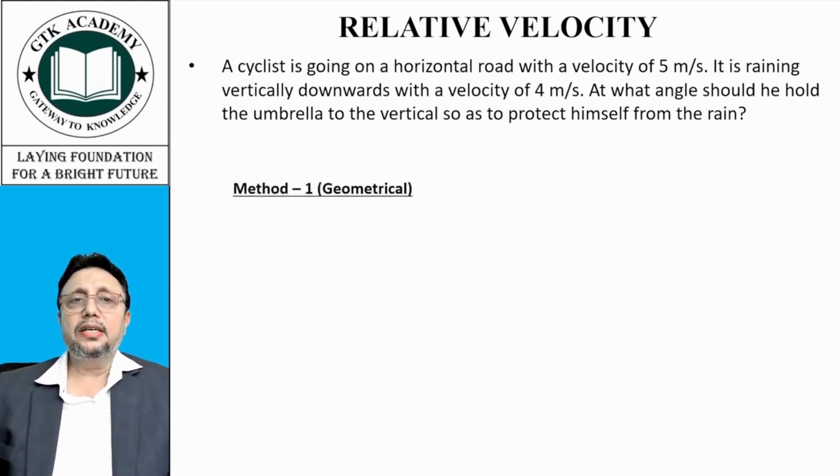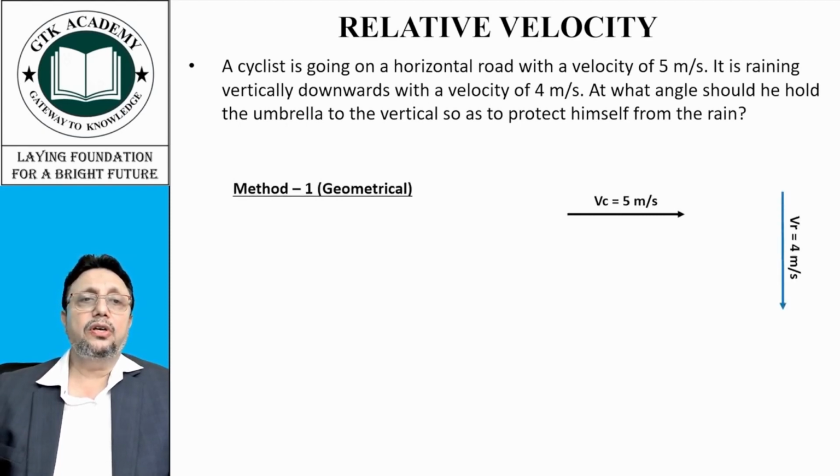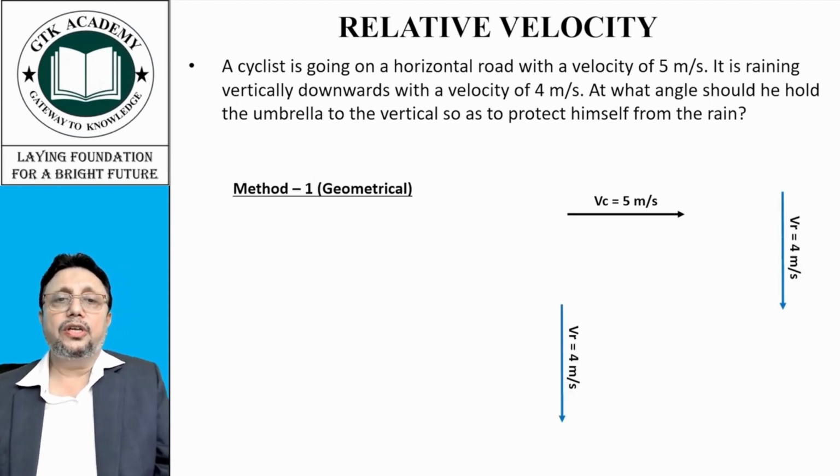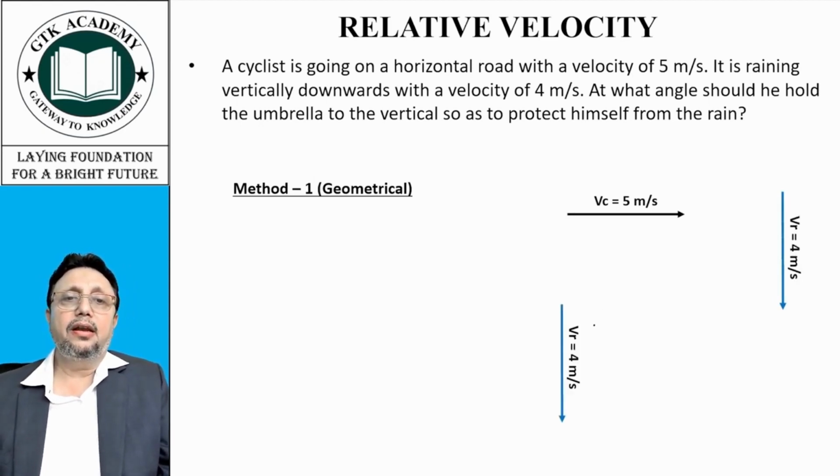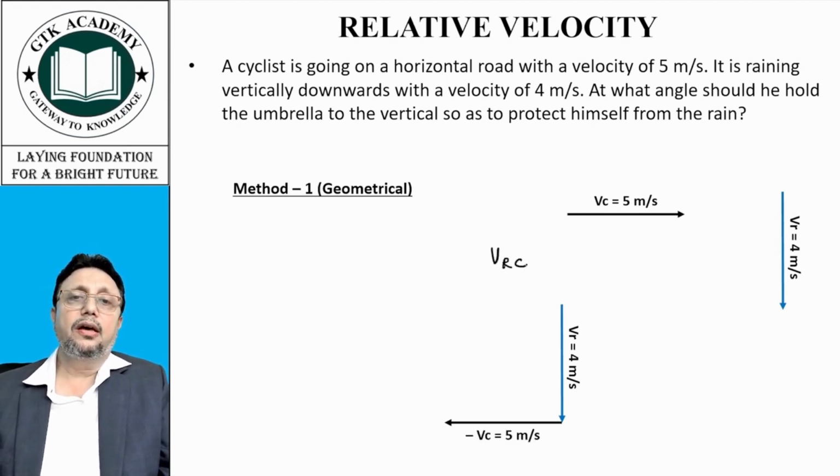The first method is geometrical. This is velocity of cyclist and this is velocity of rain. Now, velocity of rain minus velocity of cyclist. We have reversed the direction because we have to calculate velocity of rain relative to cyclist, which is equal to velocity of rain minus velocity of cyclist.